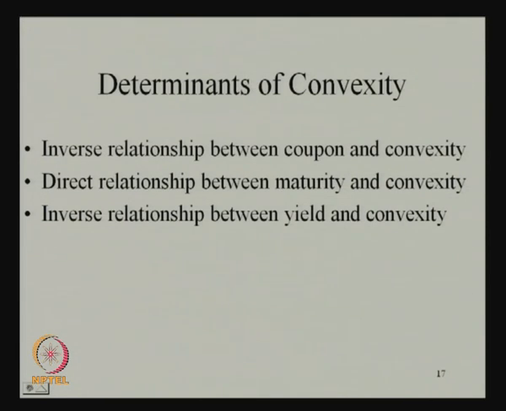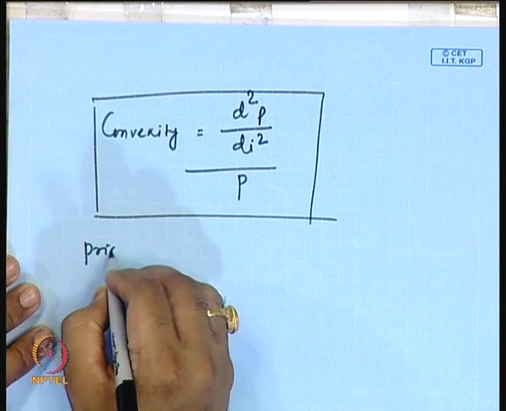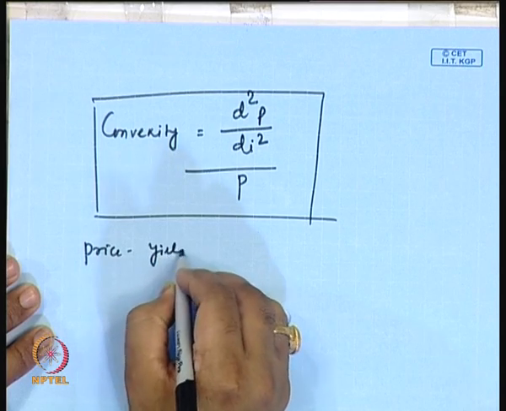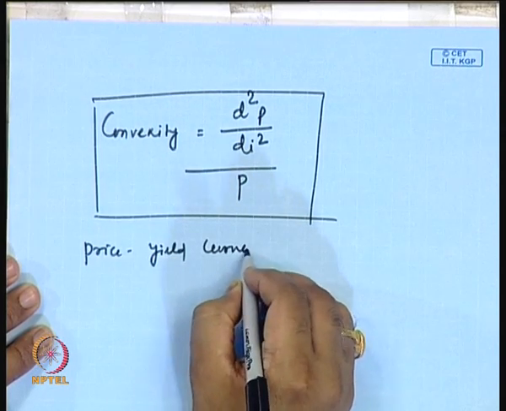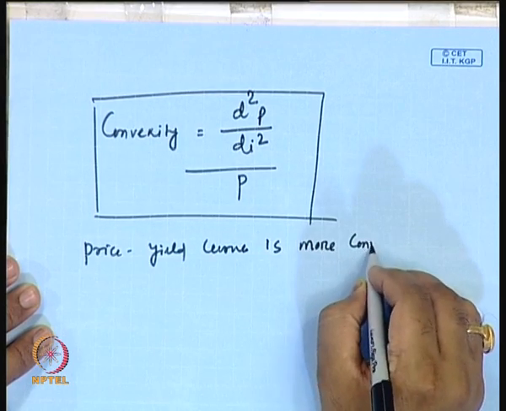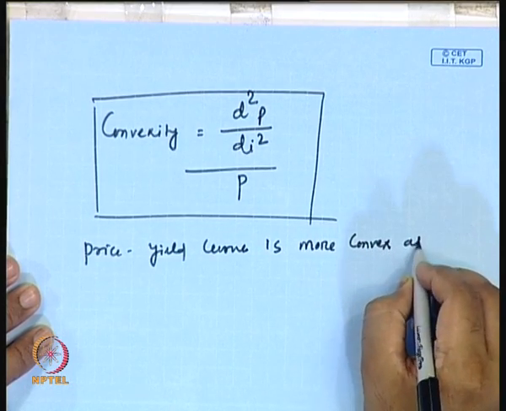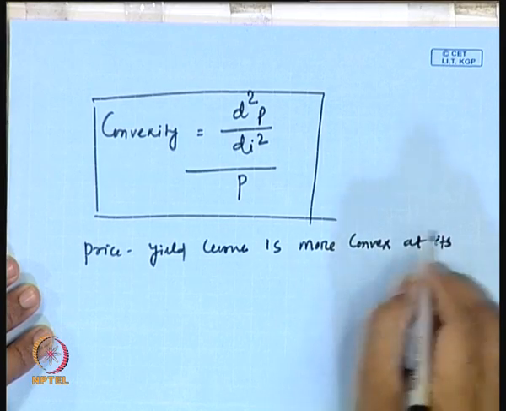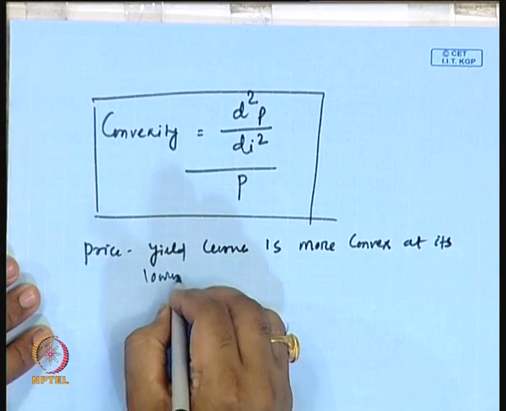What it means is that the price yield curve is more convex at its lower yield segment.